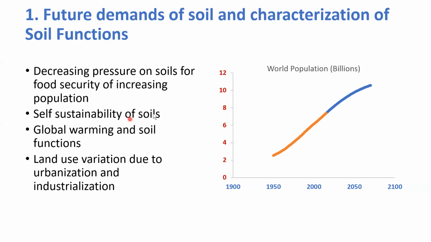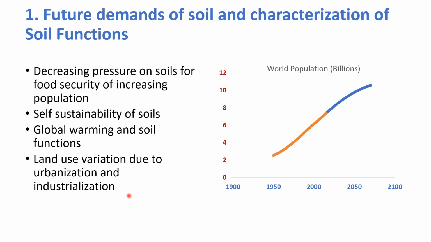Then the self-sustainability of soil is very important, because when there is more stress or pressure on the soil, the self-functioning of the soil is very important. The global warming and the soil functions, the role of soil in global warming, is very important to study. Also land use variation due to urbanization and industrialization.